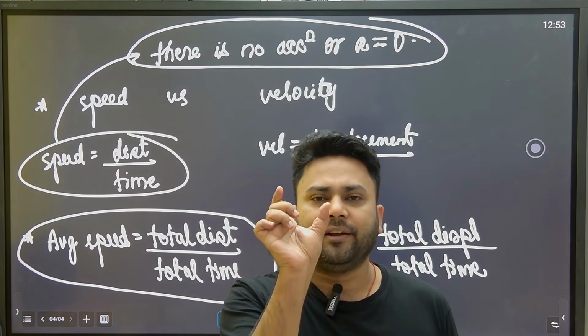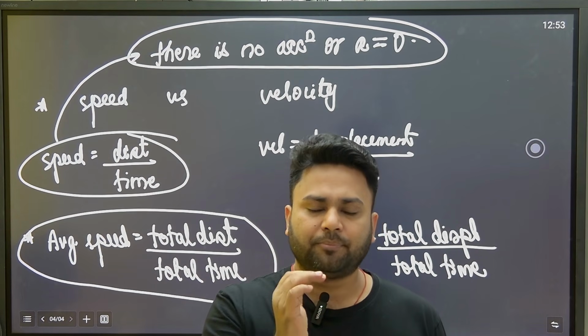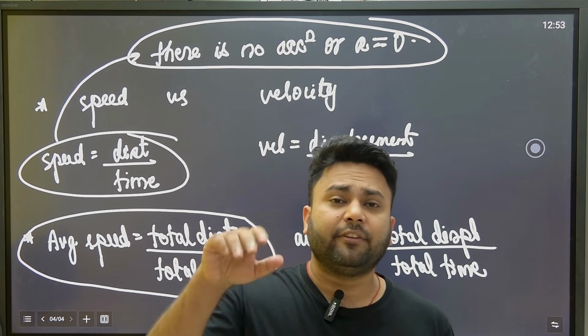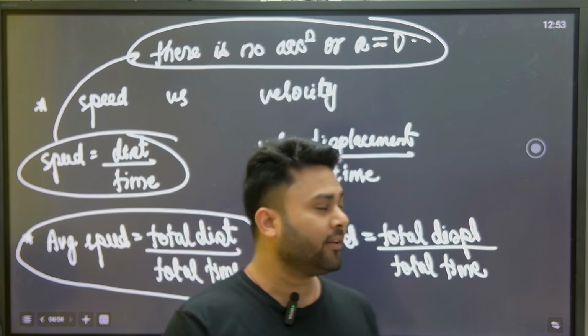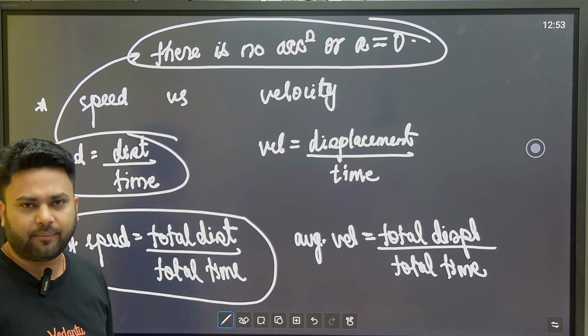If in a particular interval there is no acceleration, then you can apply speed equals distance by time. If there is acceleration, then we have different formulas, correct? So if acceleration is not there, then you can apply speed equals distance by time.